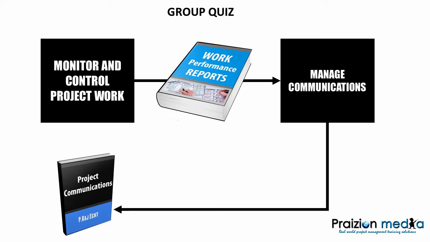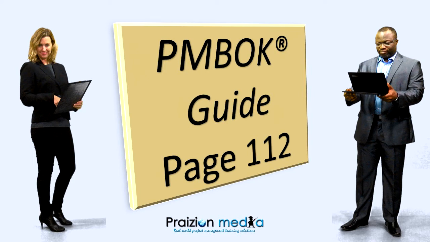There is something I want to point out to you regarding work performance reports and also project communications. So if you will, follow me to 4.5, and we're looking at page 112 in the PMBOK guide.